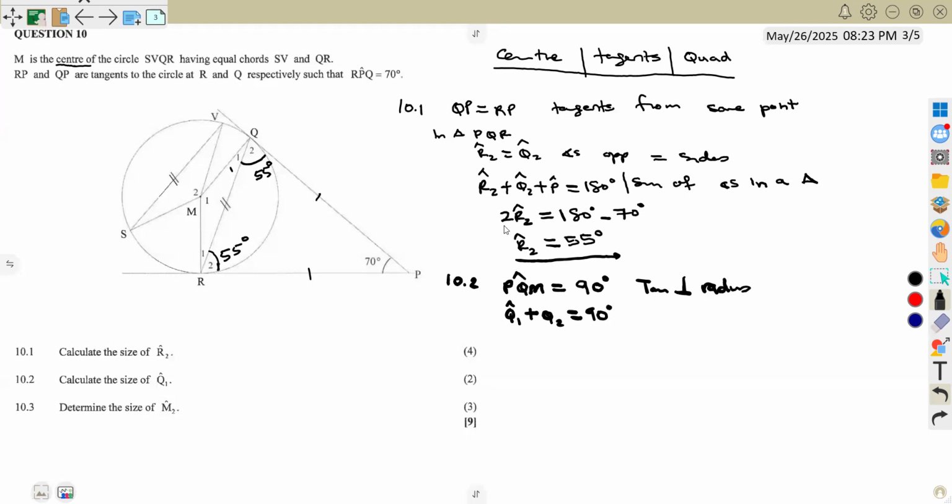From the previous question we established that Q2 is equal to 55. So Q1 will be equal to 90 degrees minus Q2, which is 55 degrees. So this Q1 will be equal to 35 degrees.